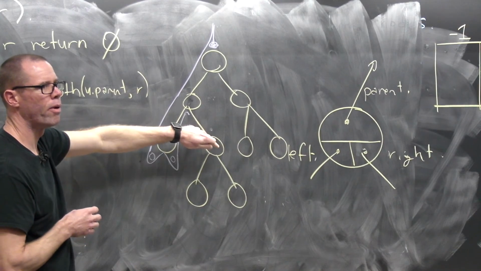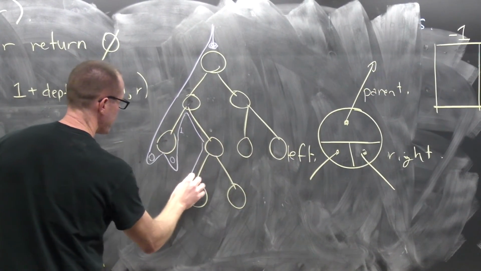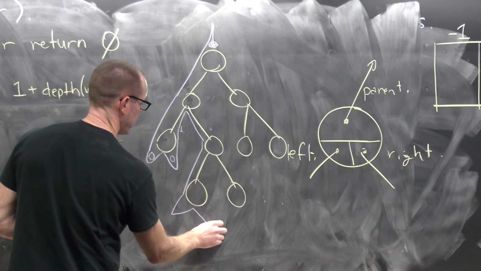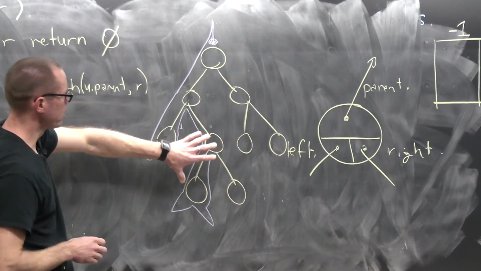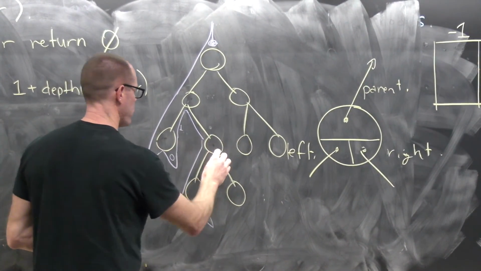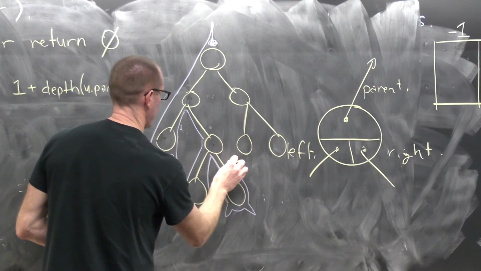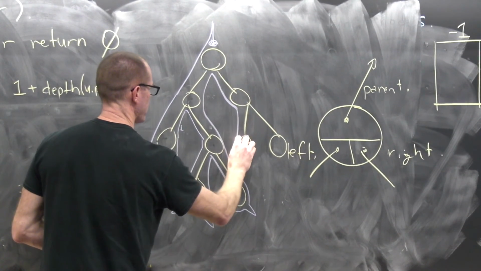Now it's going to recurse on the right side. That's going to recurse on the left side. That's going to recurse on the left, which will come back right away. To the right, which will come back right away. Back up to here. This has already recursed on the left, so now it's going to recurse on the right. Return, return, return. And the picture looks like this.